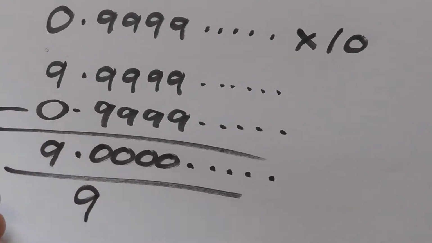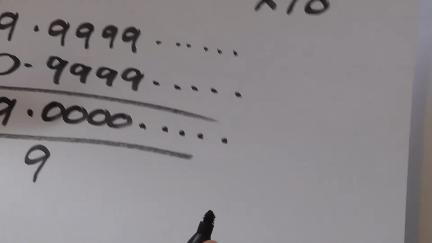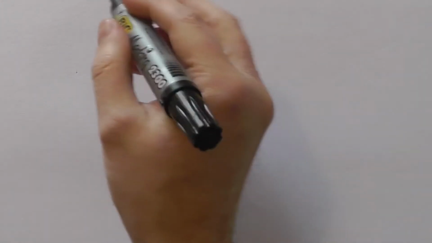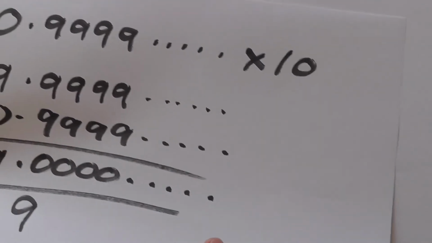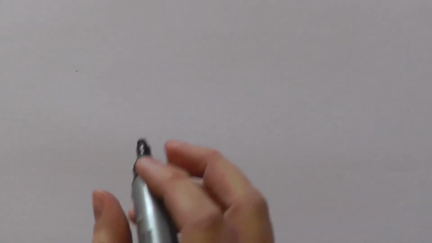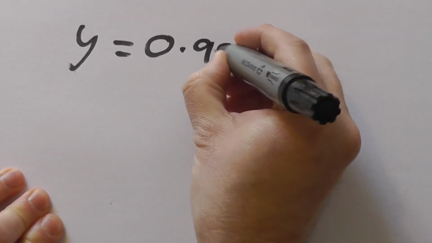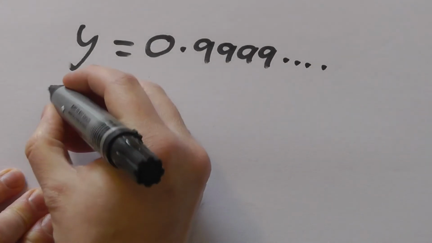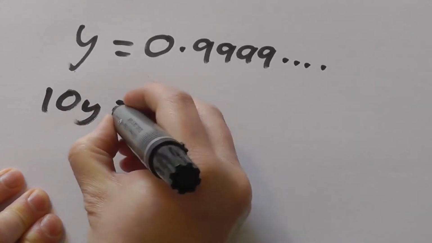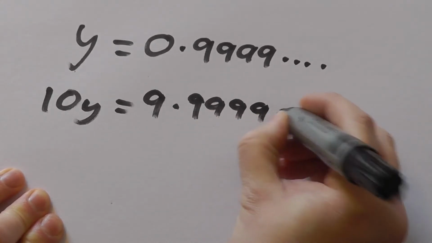Now, we need to do a little bit of algebra to explain what we've just done. I don't want to use x because I've been using x's for big multiplication signs, so let's just use y. Let's say y equals 0.9999 recurring. Therefore 10y equals 9.9999 recurring.